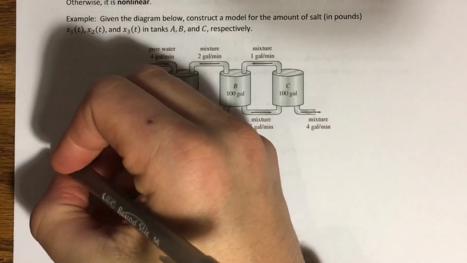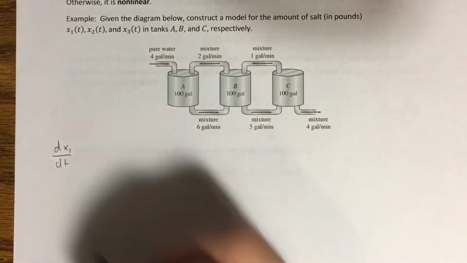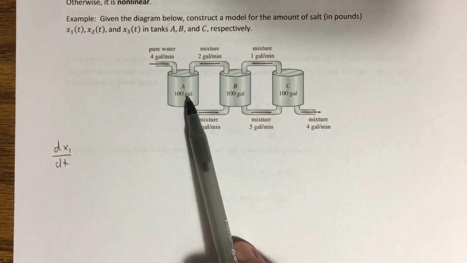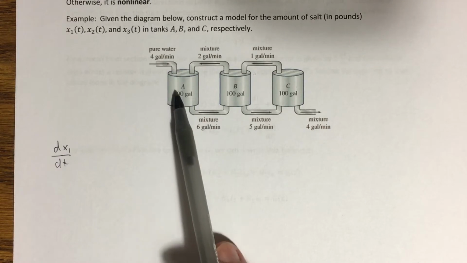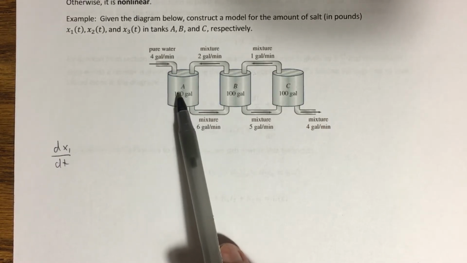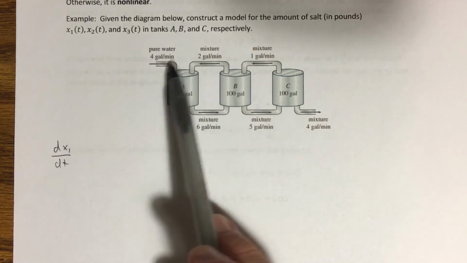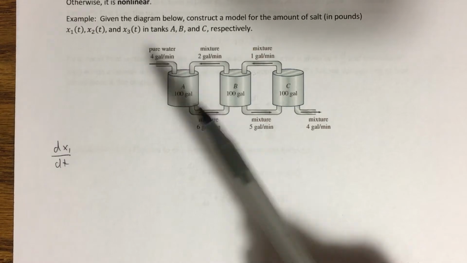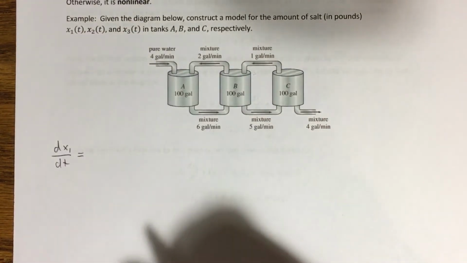And I know that in this case, dx1/dt, the rate of change in the amount of salt in this first tank, should equal the rate of salt flowing in minus the rate of salt flowing out. So we have 2 things flowing into this tank. I have pure water, which has no salt at all, so that's not going to contribute anything to my inflow.